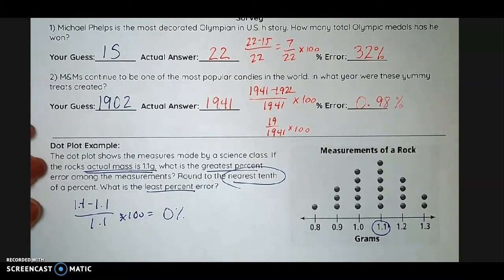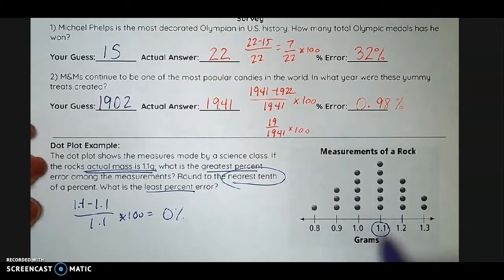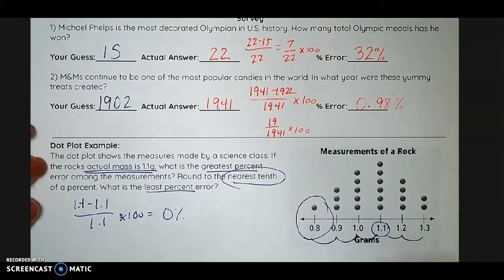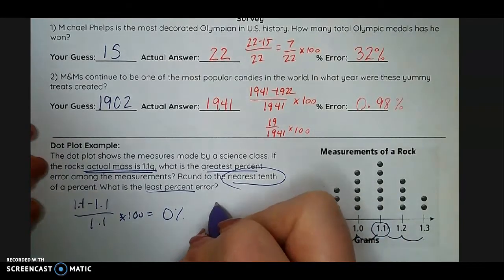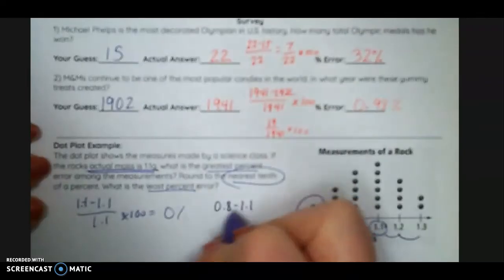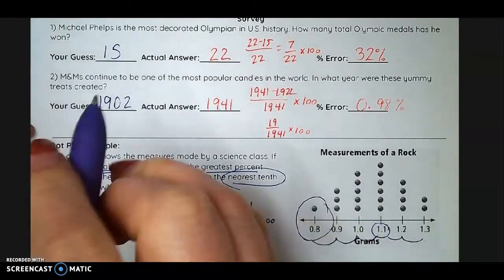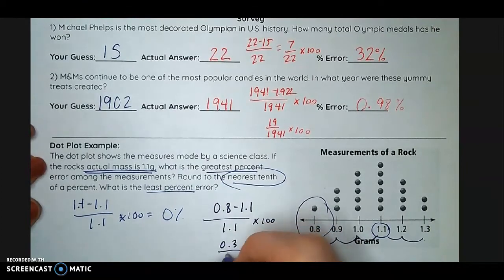Now my greatest, if I look at a chart like this, is going to be the one that's farthest away. It doesn't matter if it's lower or if it's higher, it's just the one that's furthest away. So since this is 2 spaces away and this one is 3 spaces away, I know that one's going to have the greatest percent error. So if I do 0.8 minus 1.1 divided by 1.1, I'm going to get 0.3 divided by 1.1 times 100.